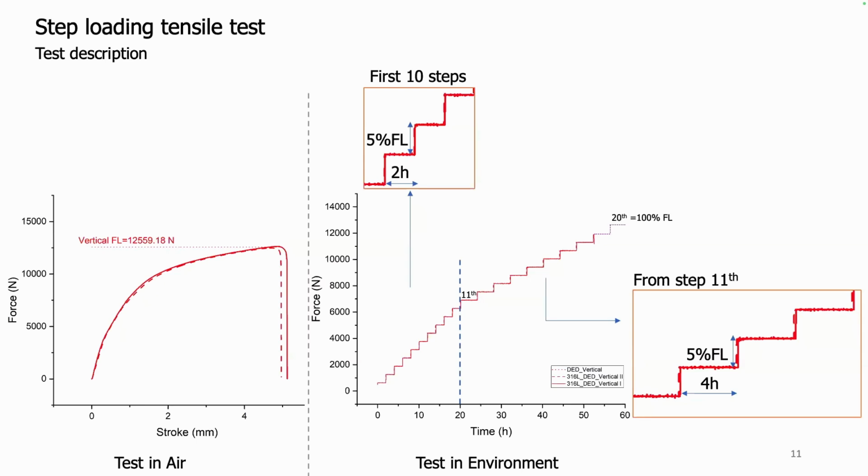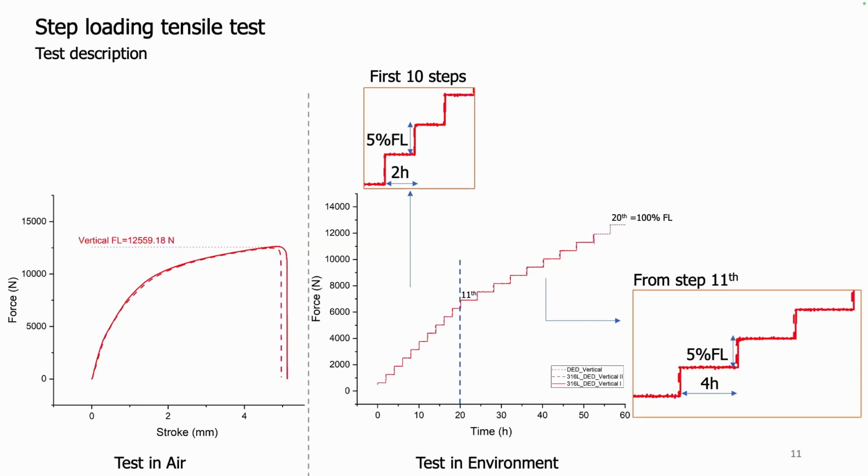And this is a brief description of the step load tensile test with an example using the vertical. After we do the mechanical characterization in air with the notch sample, we obtain the fracture load. And then with the fracture load and the hardness, we get the profile. Joshua was speaking a bit about this on Tuesday, but basically what we have is a profile of load with increments.